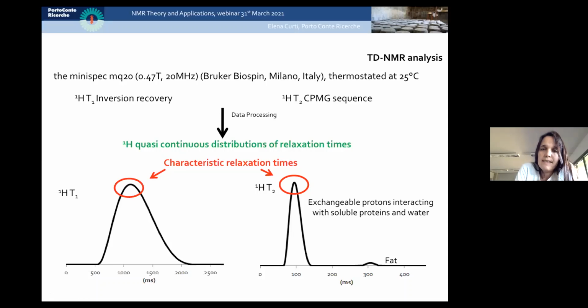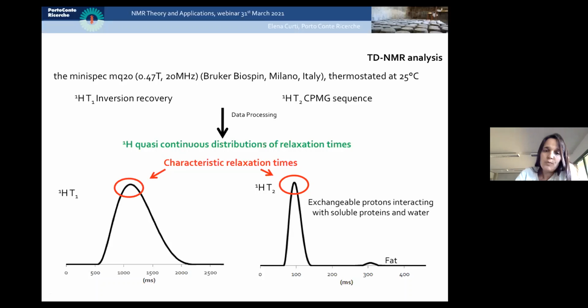We measured both T1 and T2, processed the data, and, as Roberto said before, we obtained the distributed relaxation times, from which we extrapolated the characteristic times corresponding to the maximum height of the peaks.